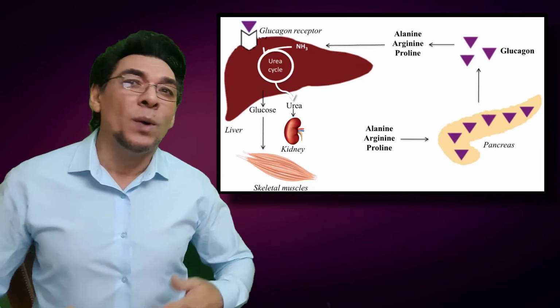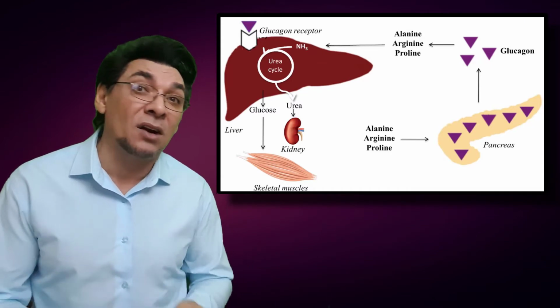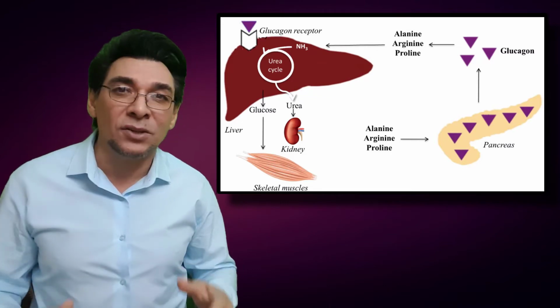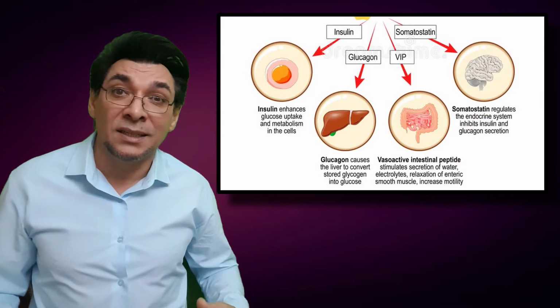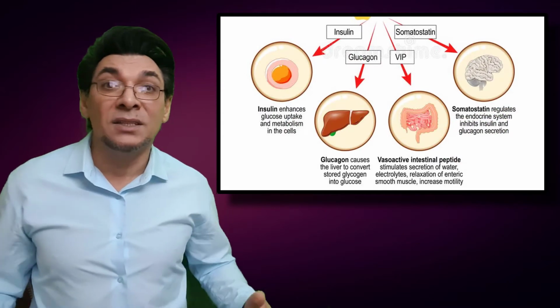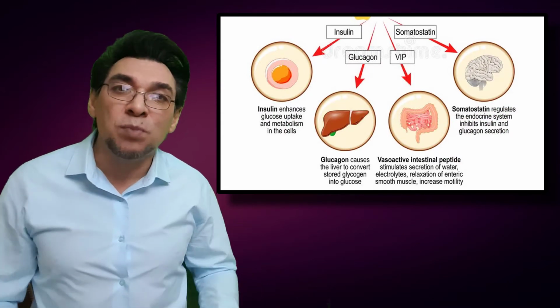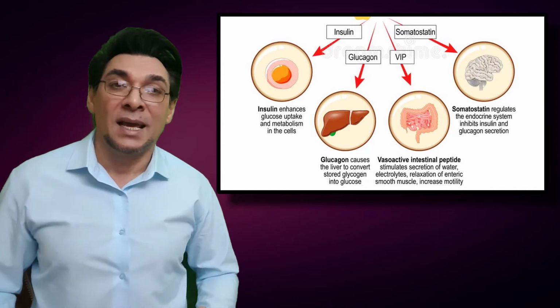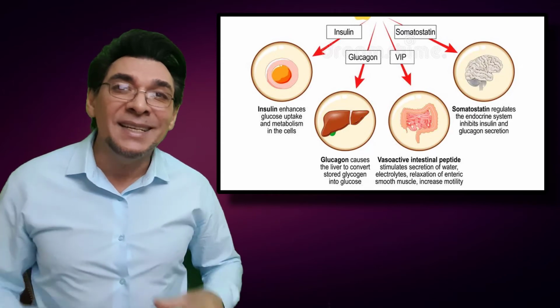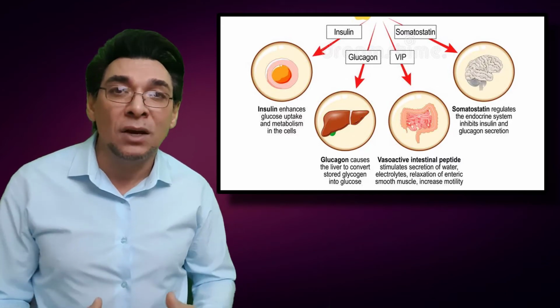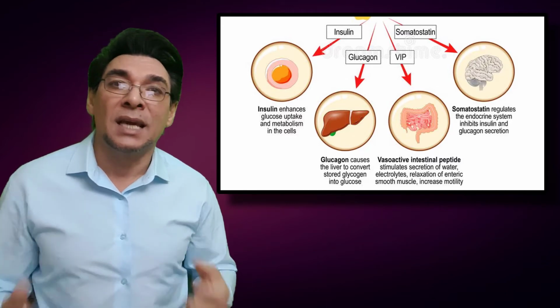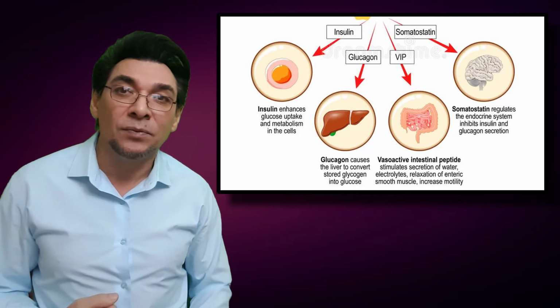After a meal, when blood glucose levels are elevated, glucagon secretion is reduced. Our next hormone, somatostatin, is released by the delta cells in response to food intake. Somatostatin inhibits the secretion of insulin and glucagon and inhibits gastrointestinal tract activity.